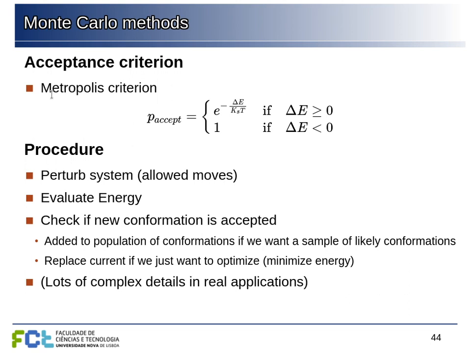So one common criterion, the Metropolis Criterion, will give us a probability of 1 of accepting the change if the energy decreased, if we lowered the energy, or a probability of E raised to minus the change in energy divided by the temperature and a constant.